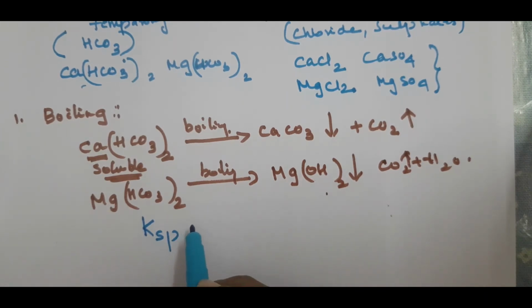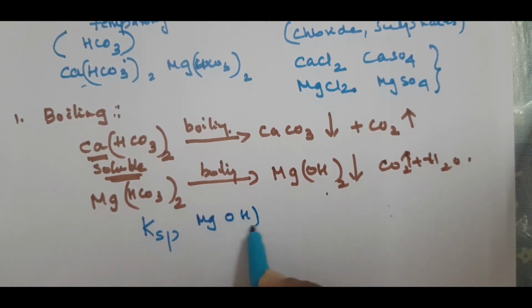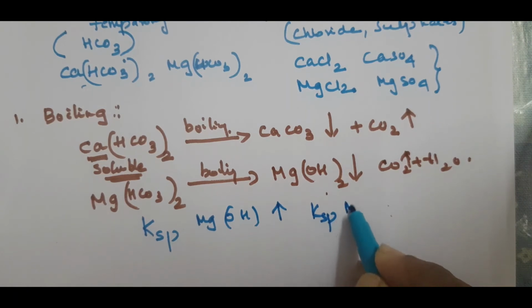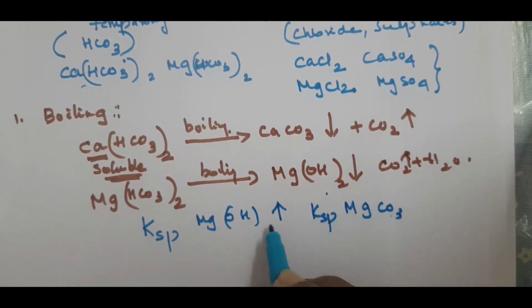The solubility product of magnesium hydroxide is high. It's very, very high when compared to the solubility product of magnesium carbonate. See, that is the reason why magnesium hydroxide is precipitated rather than magnesium carbonate.